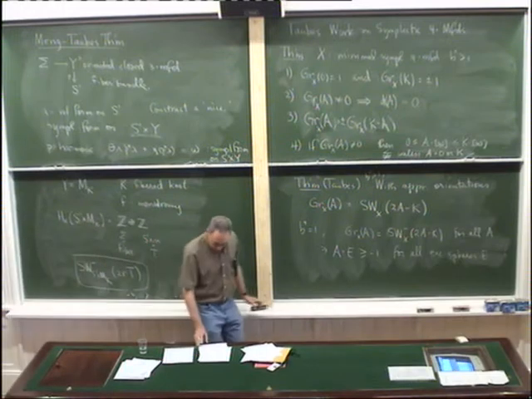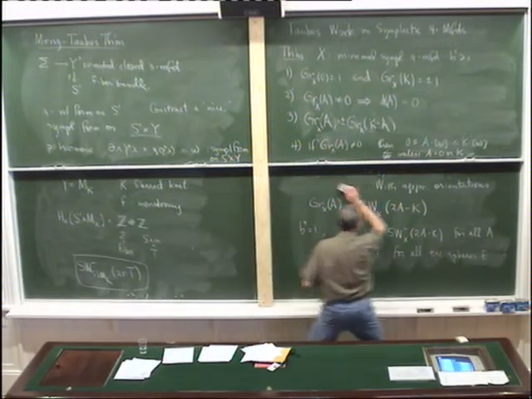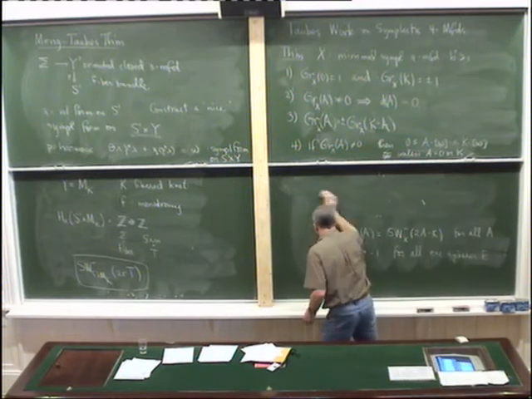Okay, so remember, how does Gromov equals Seiberg-Witten work?